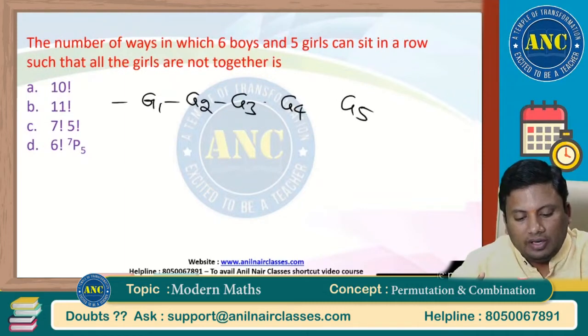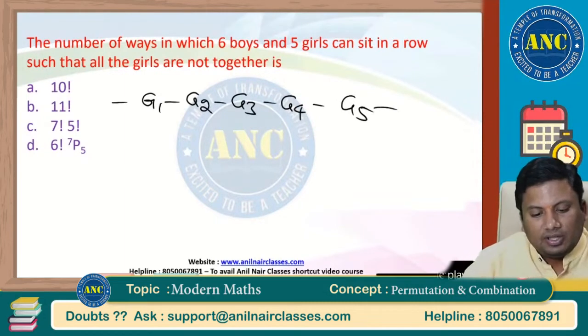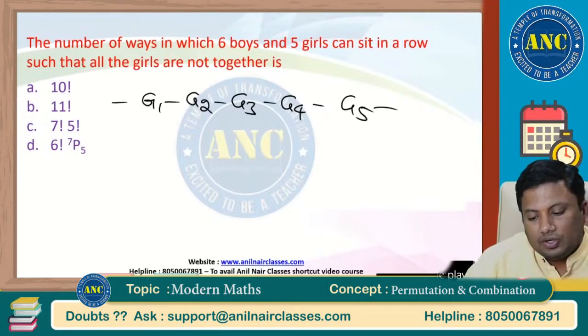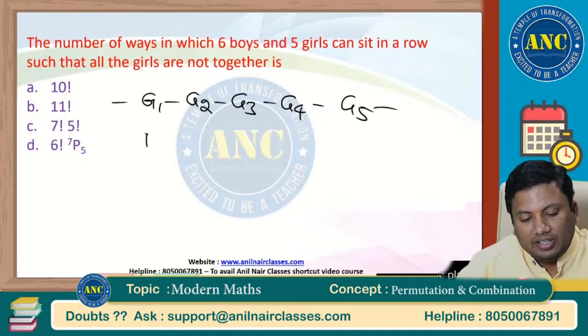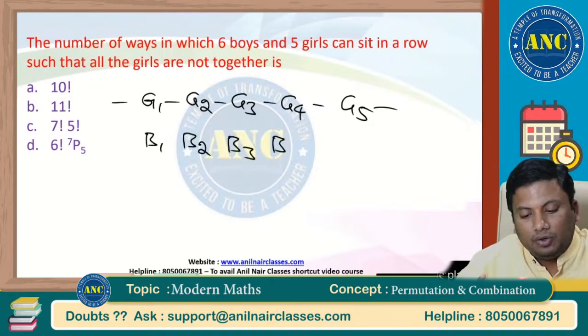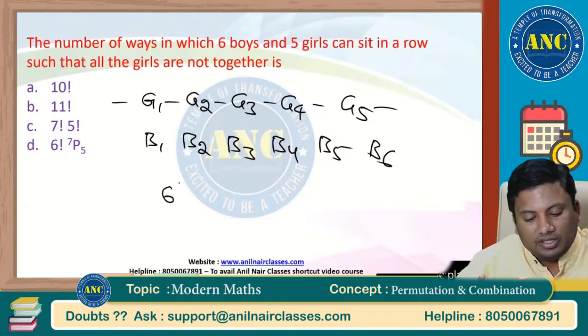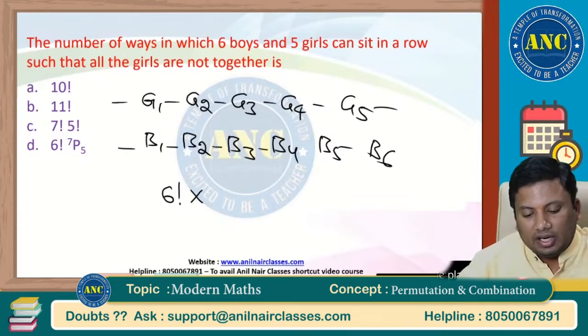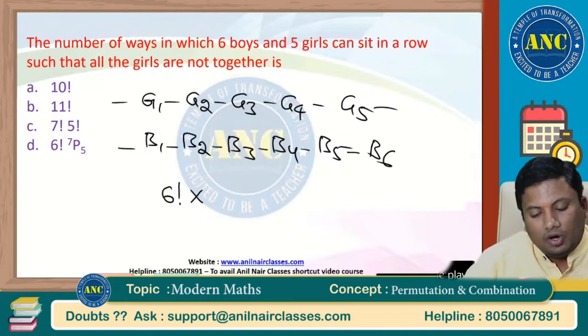If you observe closely, first I will arrange boys, B1, B2, B3, B4, B5, B6. 6 boys can be arranged among themselves in 6 factorial. 7 spaces are there.